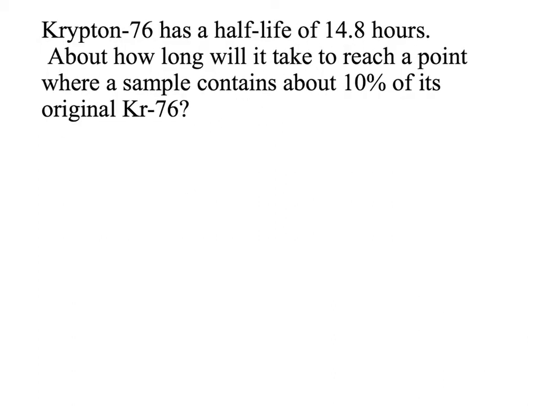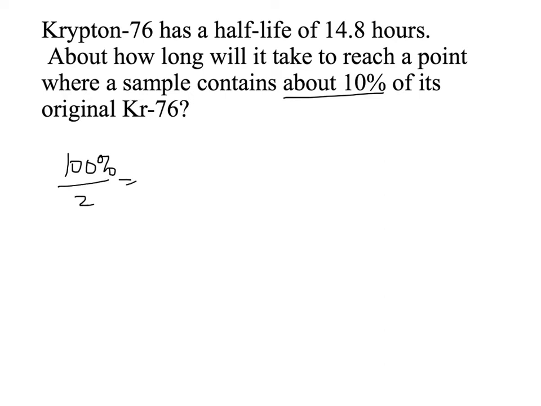Now this problem, if you look at it, the first issue with it is that it says about 10%. So we have to use what we know and get as close to 10% as we can. Largely, we're going to assume we start out with 100% of the sample, and I want to know how many half-lives it takes to get to about 10.